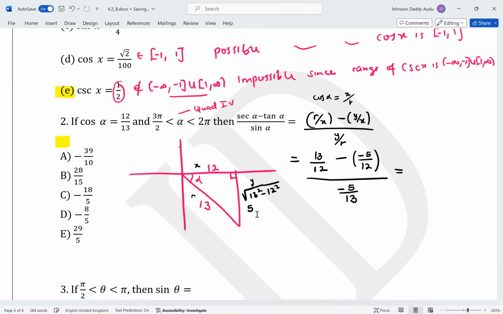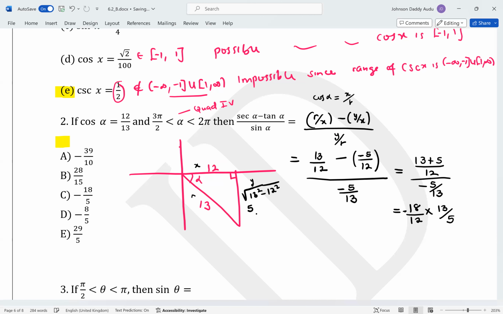So let's solve it here. This will just be 13 plus 5 divided by 12. Then divide by minus 5 over 13, right? And this we can write as 18 over 12 times 13 over 5, but there will be a minus.